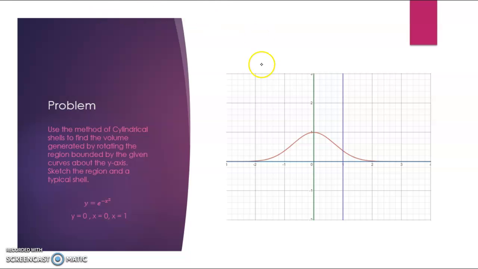So what they're asking is, they want us to revolve this function around the y-axis and determine its volume. We see that this is bounded between 0 and 1 for our x values and 0 for our y value.